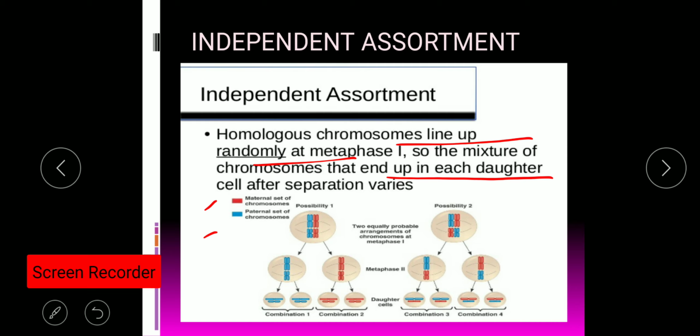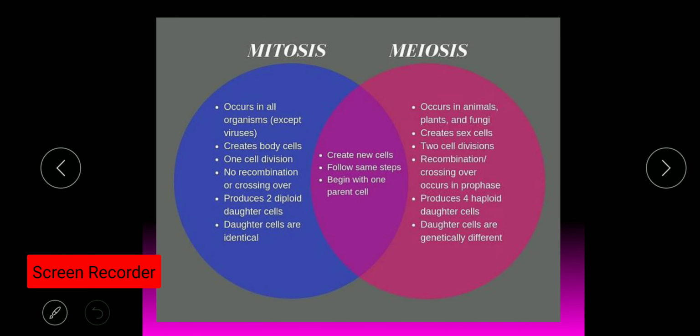So blue blue and red red, here red blue and red blue. In combination 1, after the result, this may be combination 2, this may be combination 3, or this may be combination 4. Any type of combination can be formed. This is known as independent assortment.